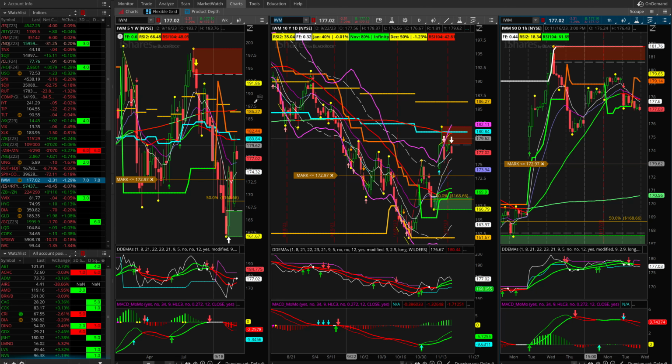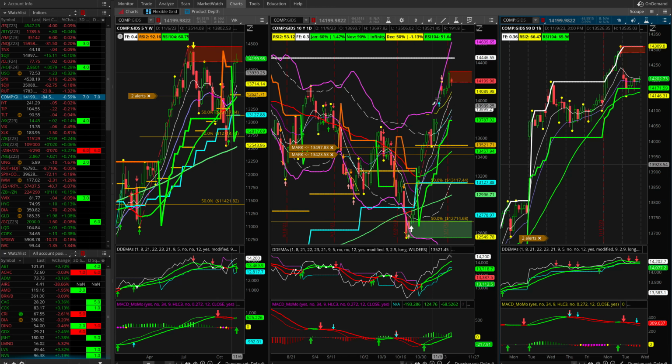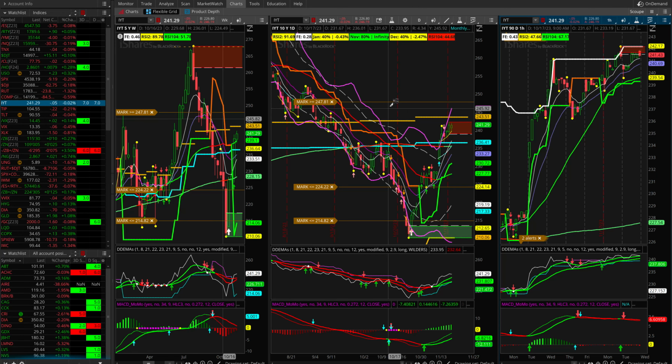Alright, that's the Russell. The NASDAQ, it's way up and it looks vulnerable to me, at least for a short-term pullback. IYT, that's the transportation index and the exchange traded fund that you can actually trade. It's very similar. Sure would like to see a pullback here that we can take advantage of. And that's really what we're waiting on there.